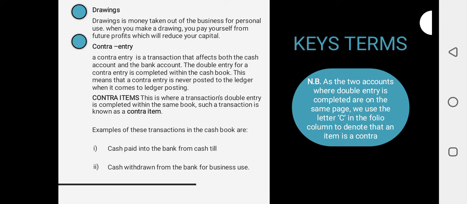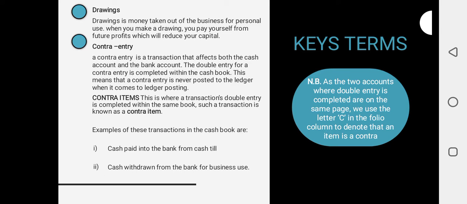The double entry system for a contra entry is completed within the cash book. What does this mean? It means that a contra entry is never posted to the ledger when it comes to ledger posting. Contra items: what are these contra items?